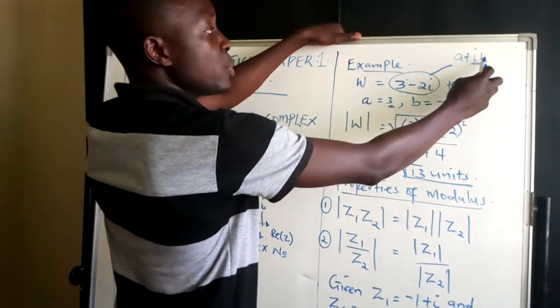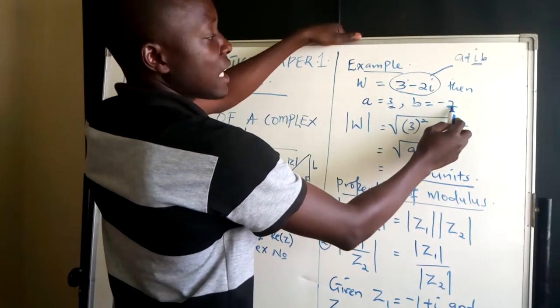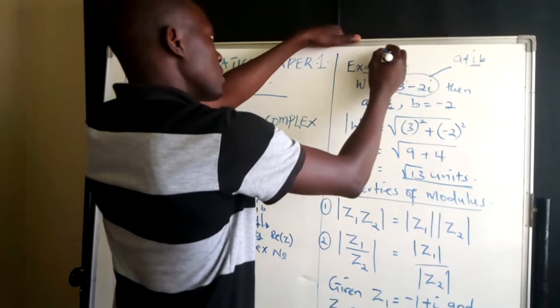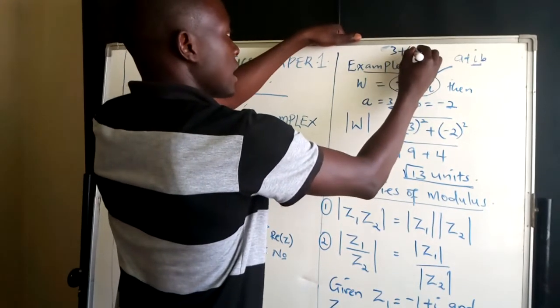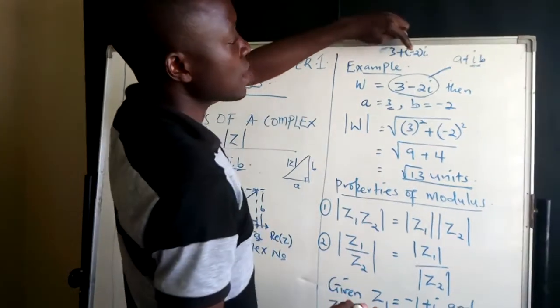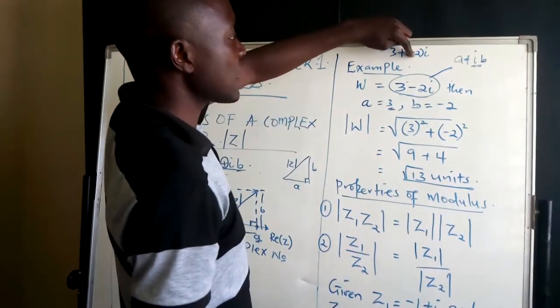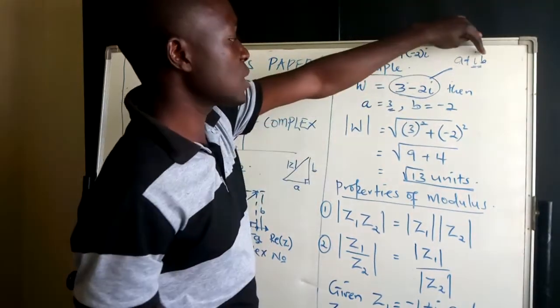It means that the b I have to consider is the negative, to make it look like 3 plus negative 2i in this form, because the standard one has a plus in the middle. So this negative was the value of b.